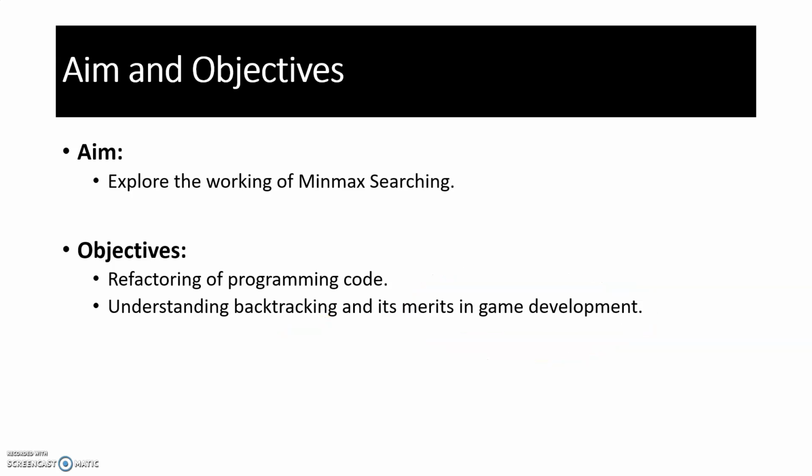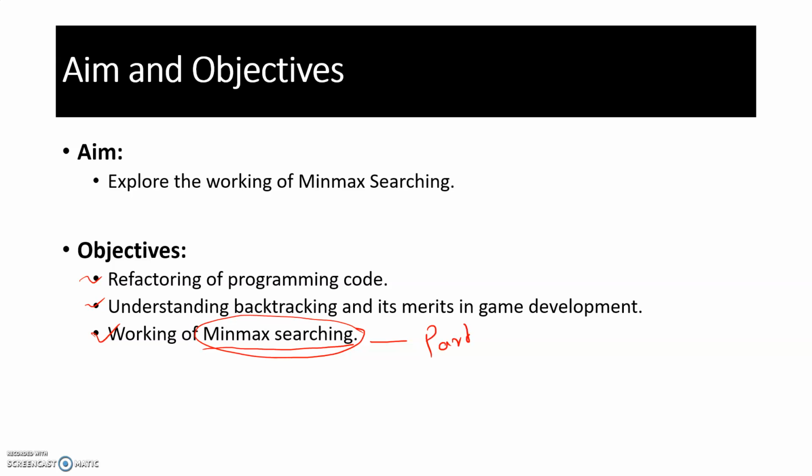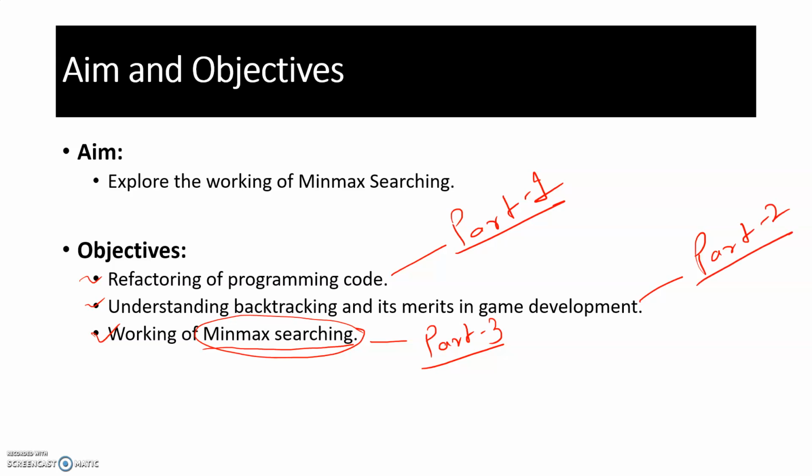The third objective which I have framed here is working of Minimax searching. After completing these 2 objectives, we will discuss Minimax searching technique in part number 3 of the video lecture. So objective 1 I will explain in part number 1, objective 2 I will cover in part number 2, and this I will cover in part number 3 of the video lecture.